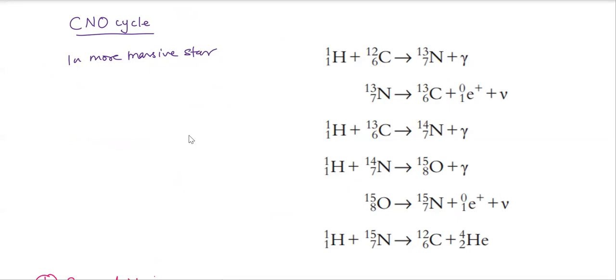In this cycle, the amounts of nitrogen and carbon are conserved from the beginning to the end of the cycle.